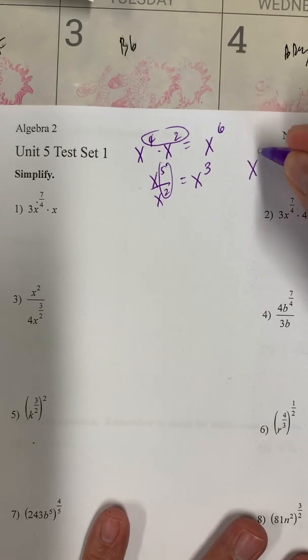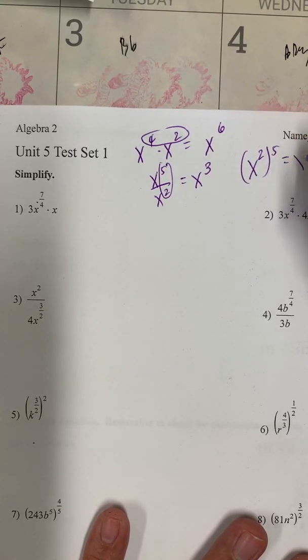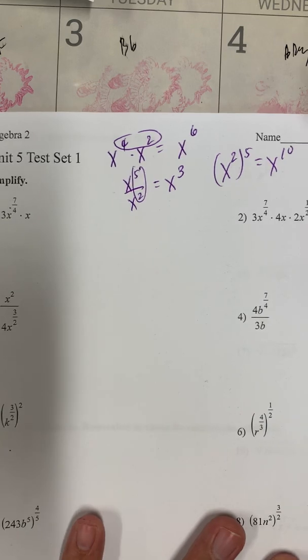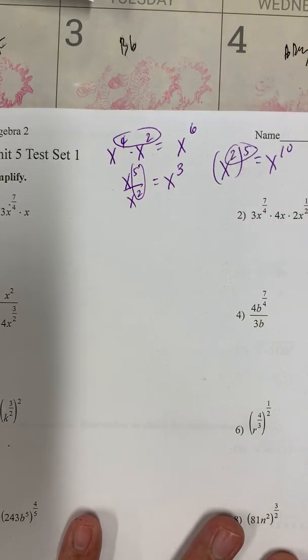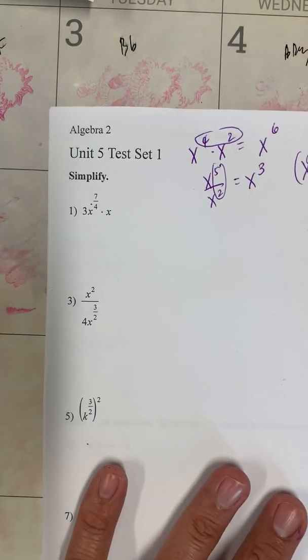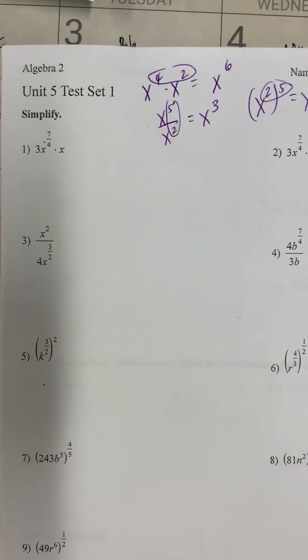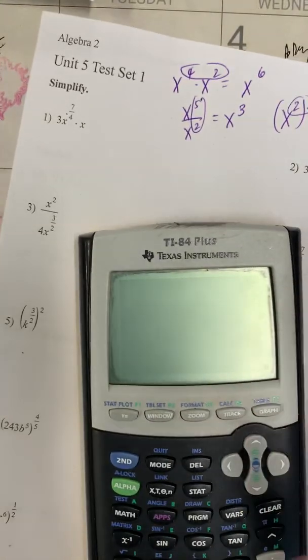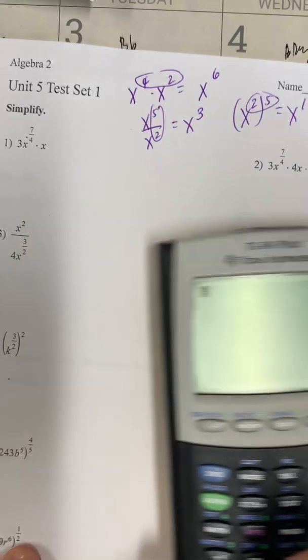For the power rule, if you have x^2 raised to the 5th, the answer is x to the 10th power, wherein you multiply the 2 and the 5. Okay? But here we're dealing with fractions, so you might need to use a calculator. So make sure you know how to use the math frac.